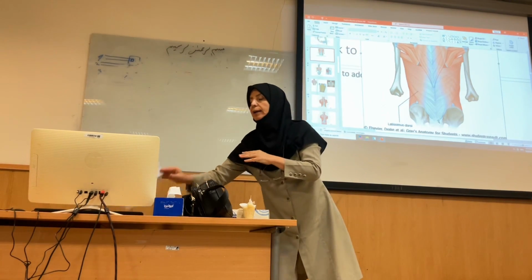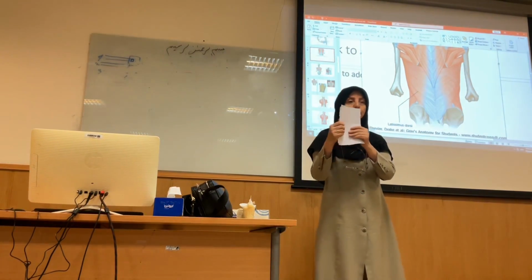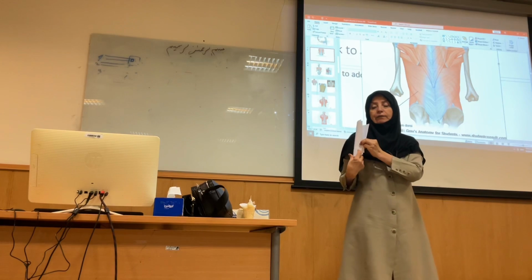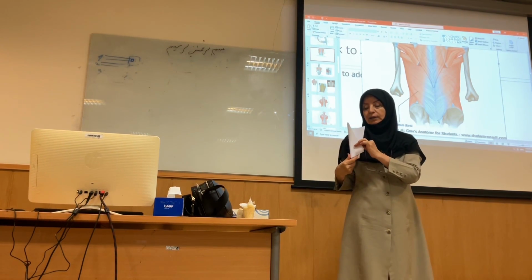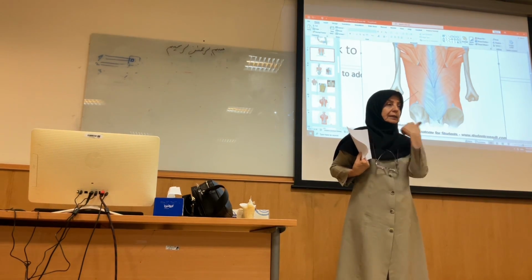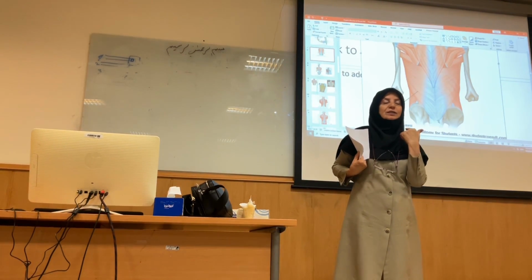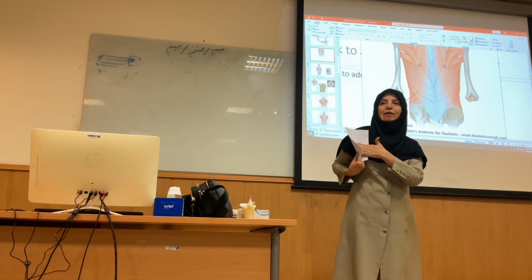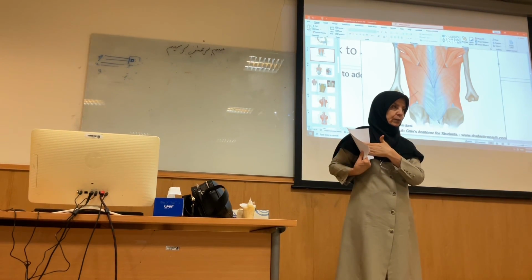You remember the intertubercular groove here. Which muscle attaches to the lateral border? Pectoralis major. This latissimus is coming and attaches to the floor.